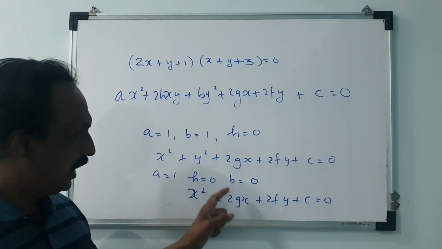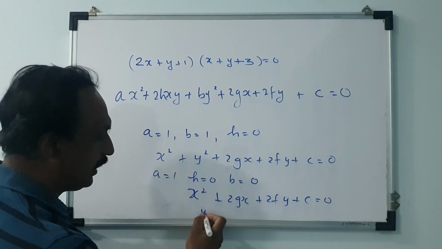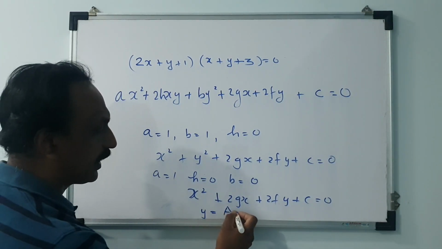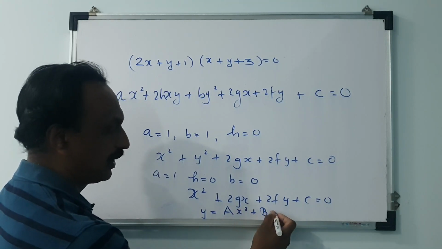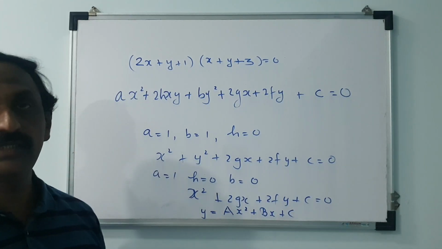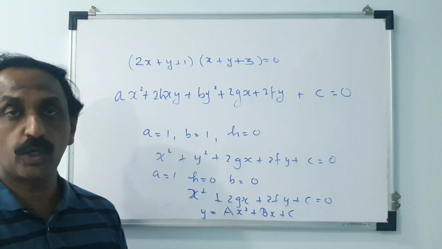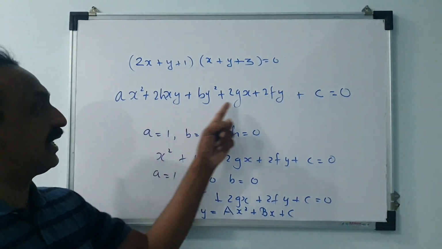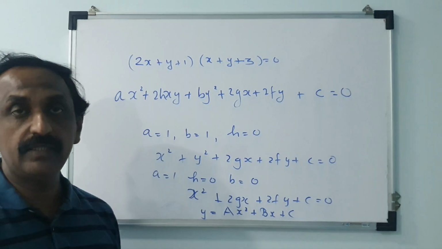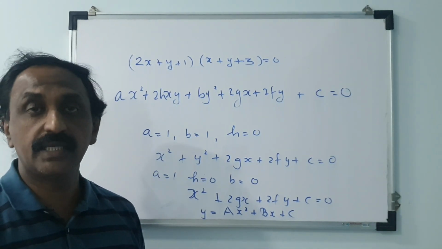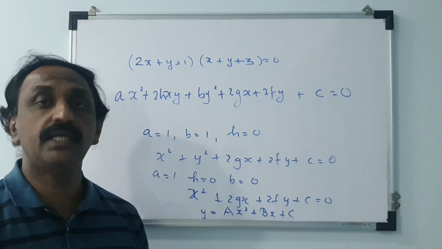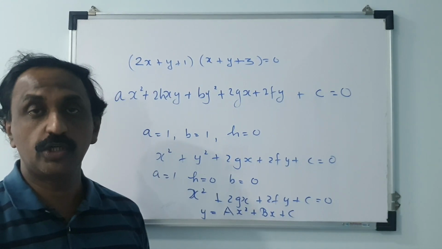In other words, on the left hand side you can have y and on the right hand side you can have a quadratic equation of this kind. Hence, this would represent a parabola. Therefore, I can say that every equation of this kind need not represent a pair of lines. It can represent any curve in two-dimensional geometry.